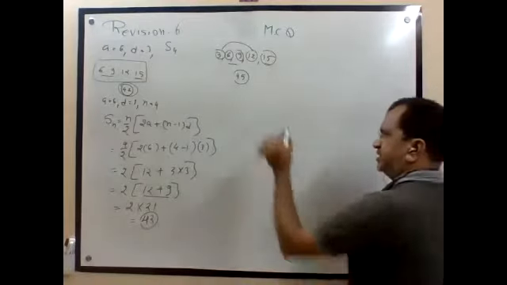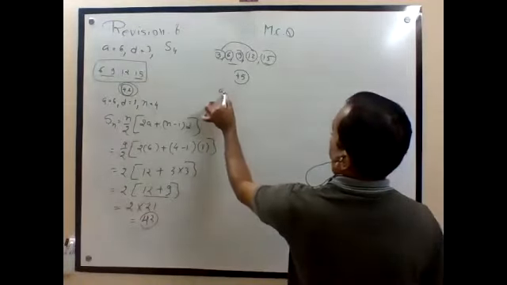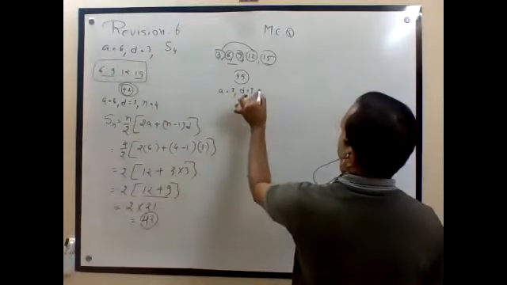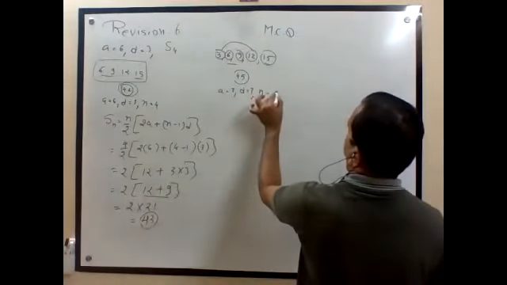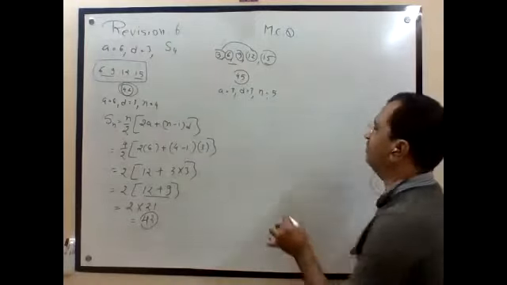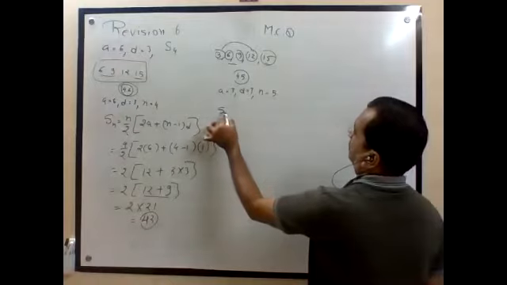Now by AP, this is by logic. Now a, the starting value, is 3. Difference is also 3. Number is 5 because we want the first 5. Sn we want, so S5.